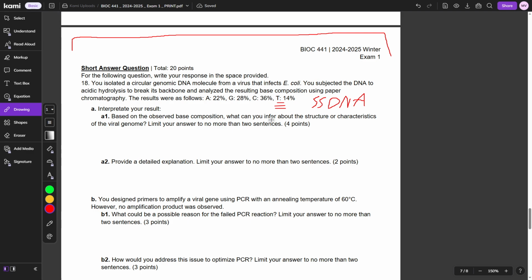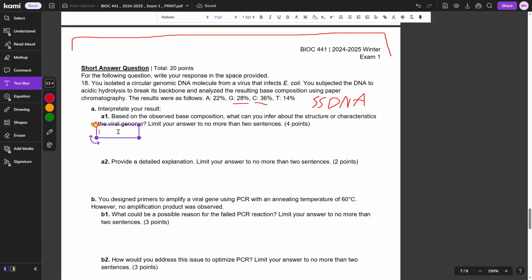what can you infer about the structure or characteristics of the viral genome? Okay, well, the other thing I can also infer from it is that we don't really have a lot of AT content, right? There's not a lot of A's, not a lot of T's, but there is a lot of G's and C's. So I'm going to say it's going to be single-stranded DNA with high GC content.